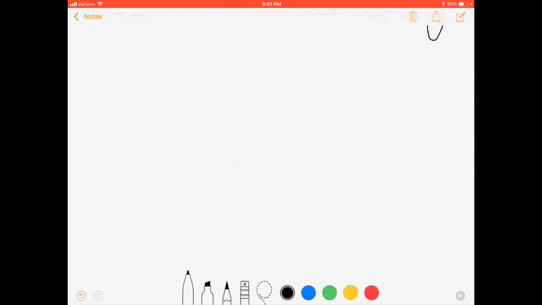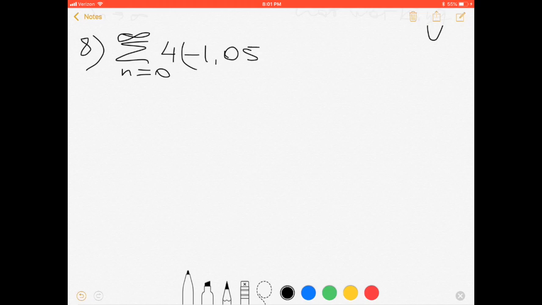Okay, then a couple of examples from your book which help you solve homework. Number 8. Here we have the series starting from 0 to infinity of 4 times (-1.05)^n.